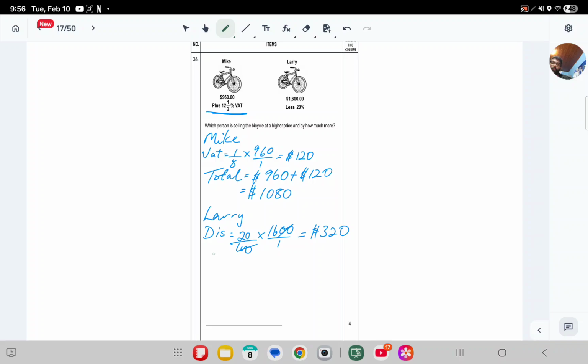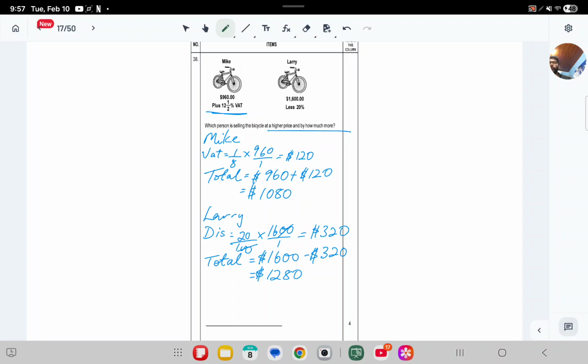If it's a discount, we need to subtract the value. So the total paid, or the total cost by Larry, would be the $1,600, take away $320, and that will leave us with $1,280.